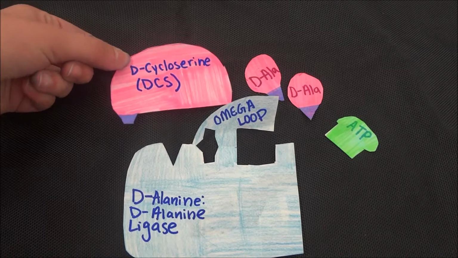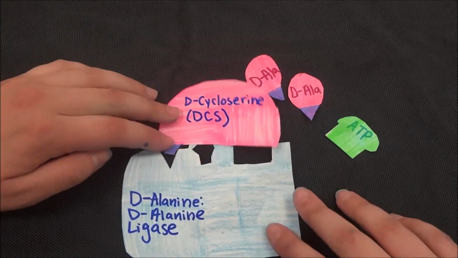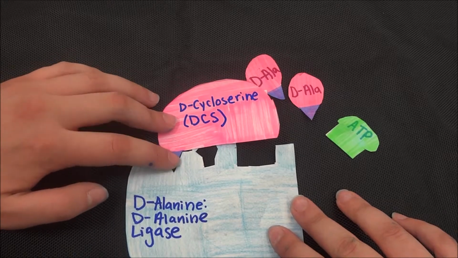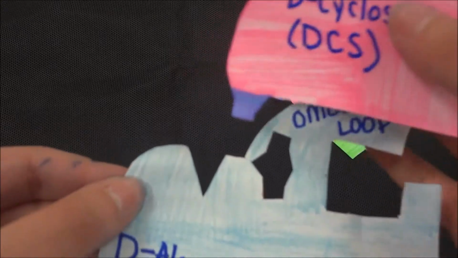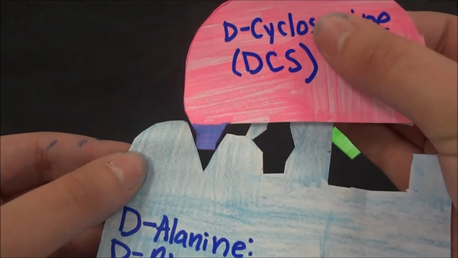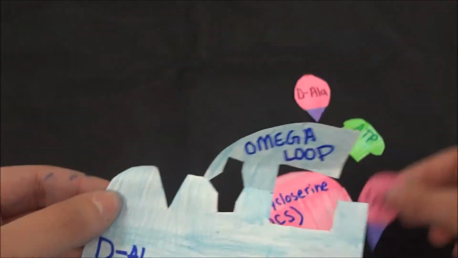Another way that DCS can inhibit D-alanine-D-alanine ligase is by binding at the first site that the first D-ala was supposed to bind. Notice that we made our model so DCS kind of fits in the first active site, but not as well as D-ala can fit in the first active site.